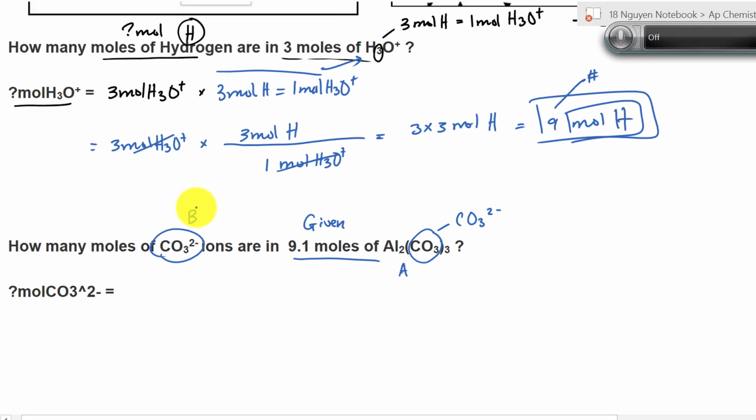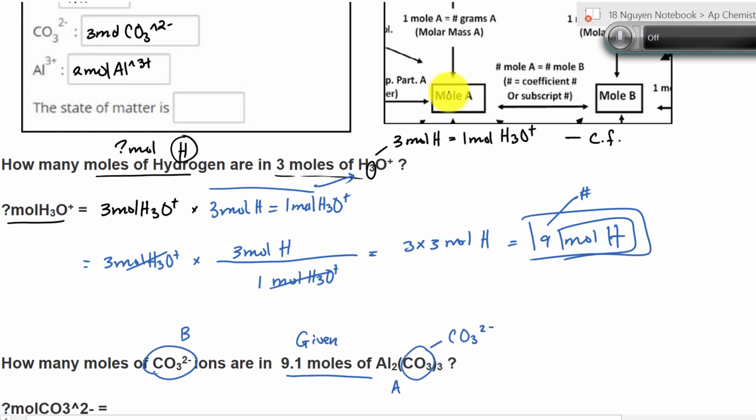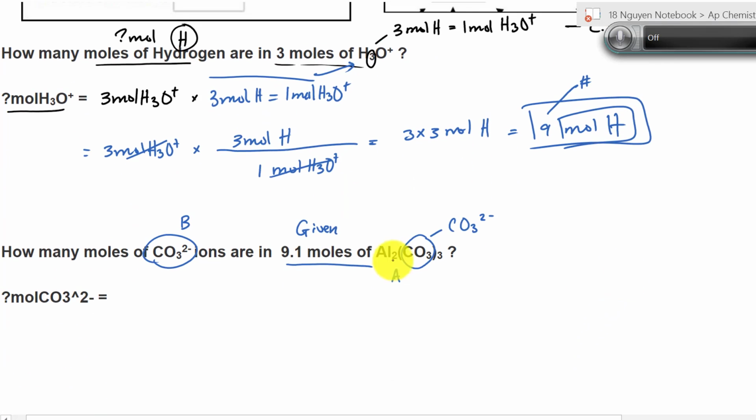So now, let's go back to the conversion factor. We are starting from right here, and we are ending right there. So we have to multiply by this conversion factor. And this conversion factor is coming from here. In this case, this tells us the mole ratios between carbonate.